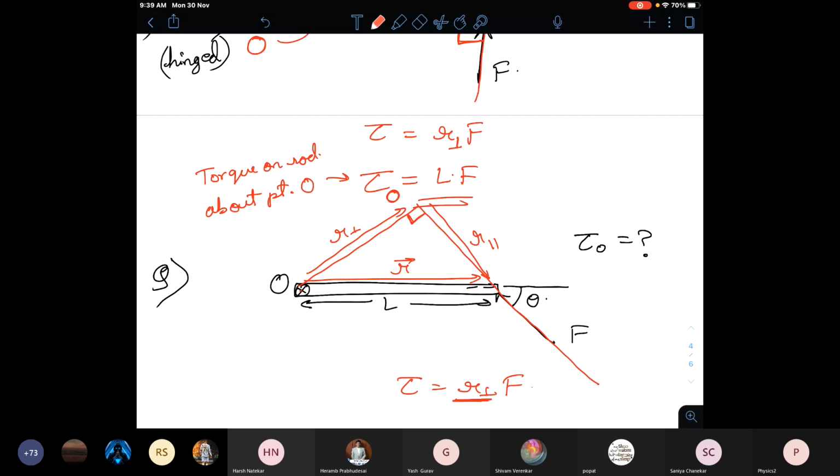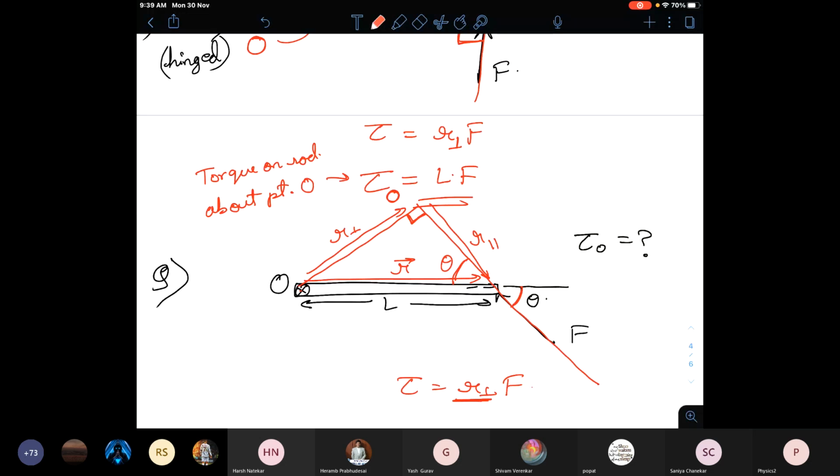How can I find this length? If this angle is theta, you can say that this angle is also theta. Now this is 90 degrees. So L is your hypotenuse and R perpendicular is your opposite side.